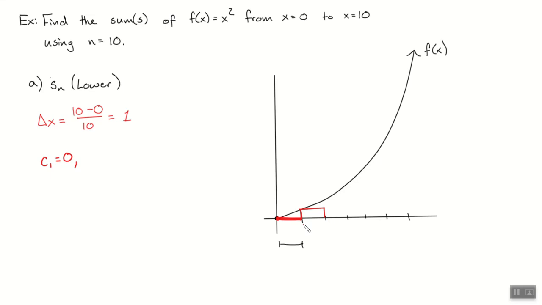What is this endpoint that we're going to use here, which we would call C sub 2? C sub 2 is 1. And we keep going all the way up until we get to eventually C sub 10. And what's the endpoint of C sub 10? The very last one over here. Let's say that's 9 to 10. And there's my rectangle. Here's 9 and 10.